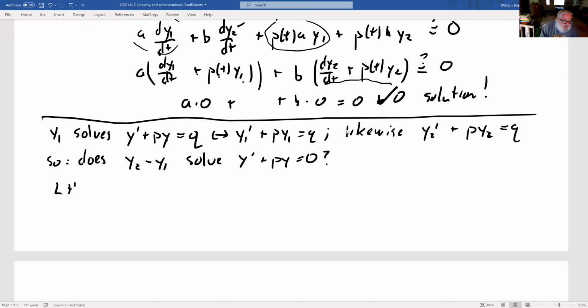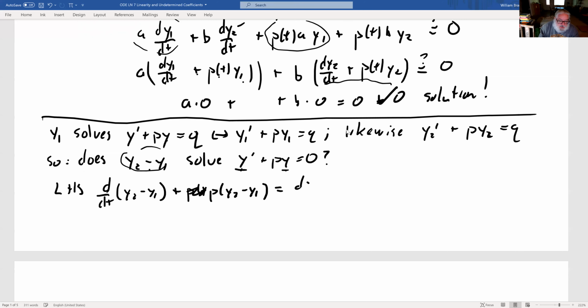Well, plug it in. For the left-hand side, we plug in y2 minus y1 for y here. So we get d/dt of (y2 minus y1) plus p times (y2 minus y1). So that's what I get when I plug in y2 minus y1 for y here and here. But that's dy2/dt plus py2 minus dy1/dt minus py1.